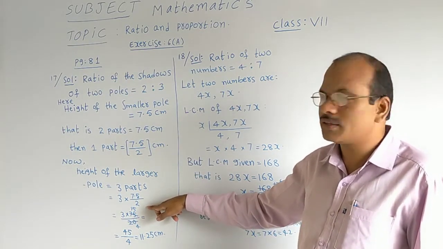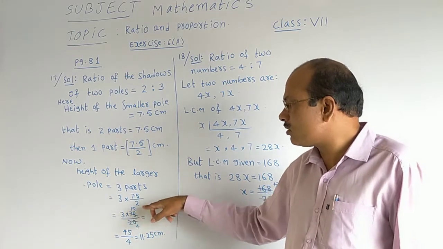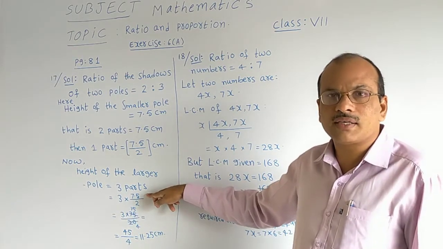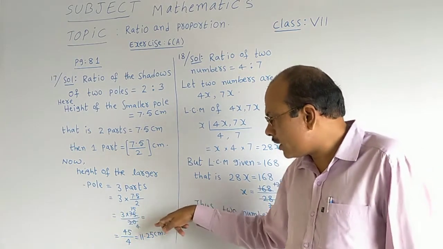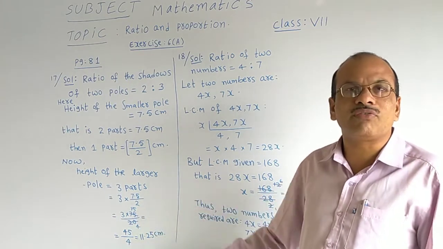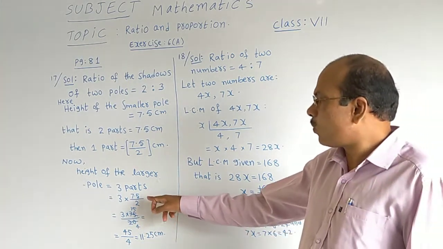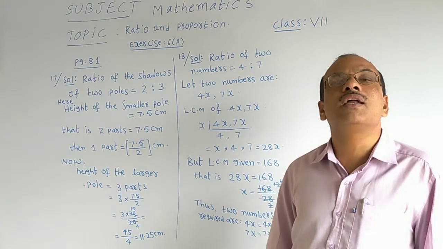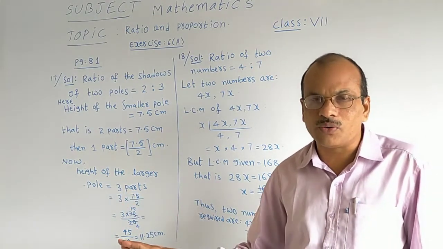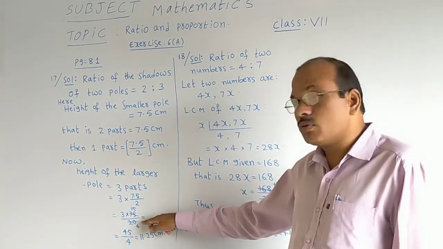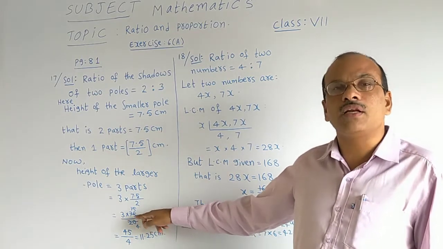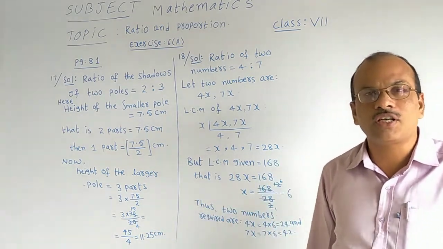Am I correct? Then 3 into 7.5 is written as 75 by 20, because the point, which is after 1 digit in the numerator, was removed and 1 zero was placed in the denominator. Yes or no?